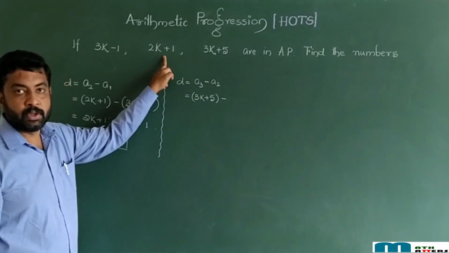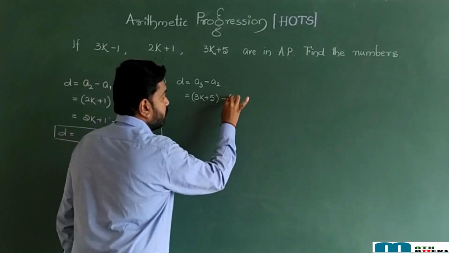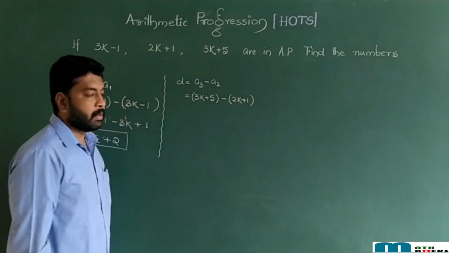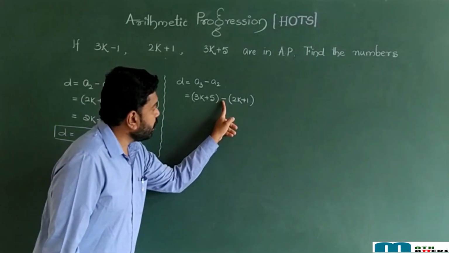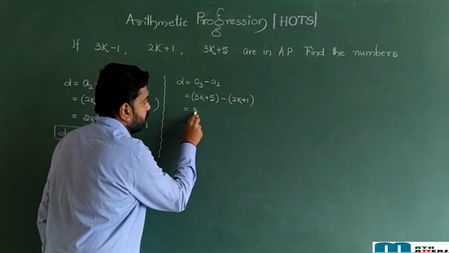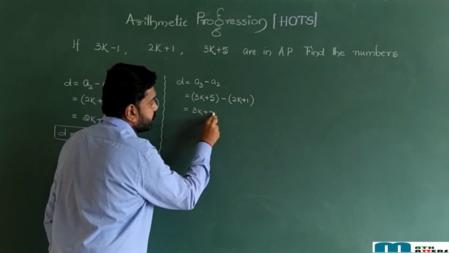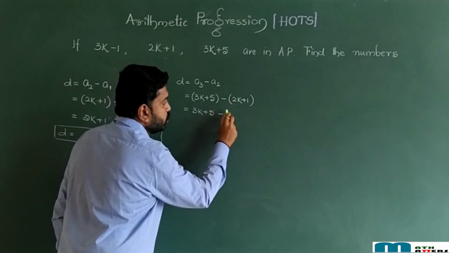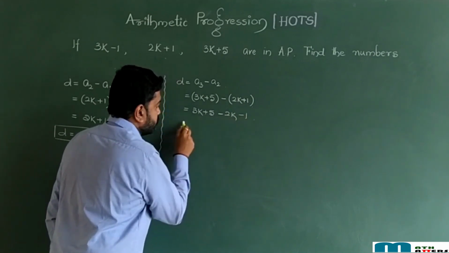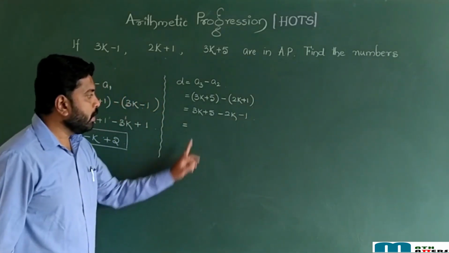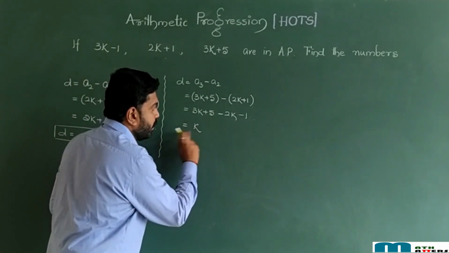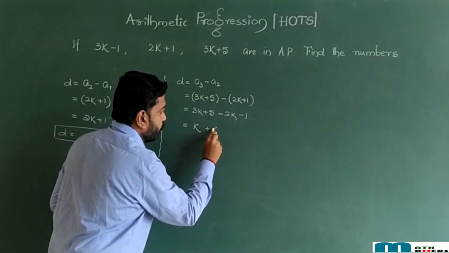A2 is this term, 2k plus 1. Now, I will multiply this minus sign. So, this 3k plus 5 as it is, minus 2k minus 1. So, simplify. 3k minus 2k is k. 5 minus 1 is 4.